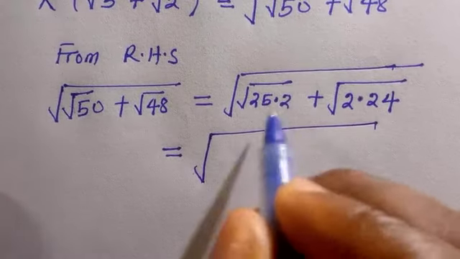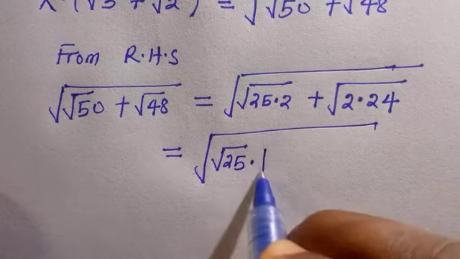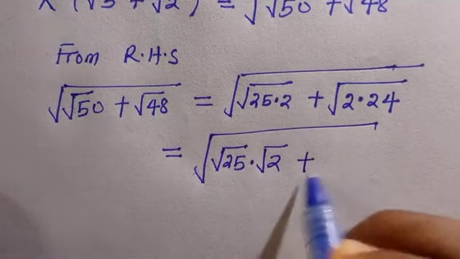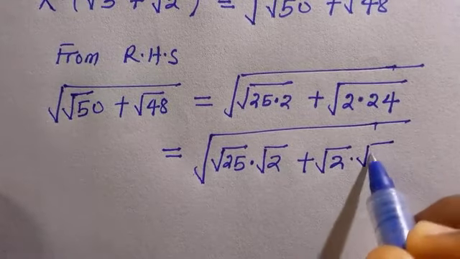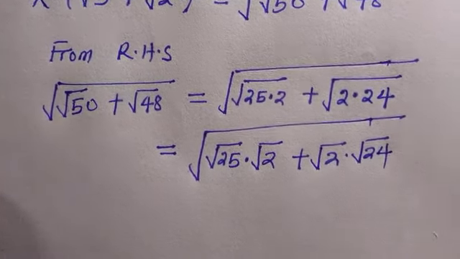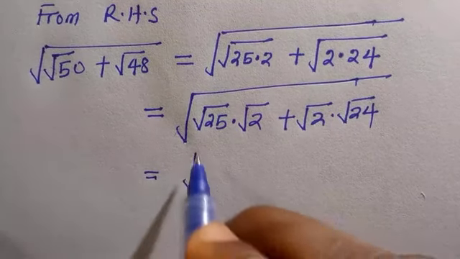By further expansion of this, we can separate this as root 25 dot root 2 plus root 2 dot root 24, and we know that root 25 is a perfect square.